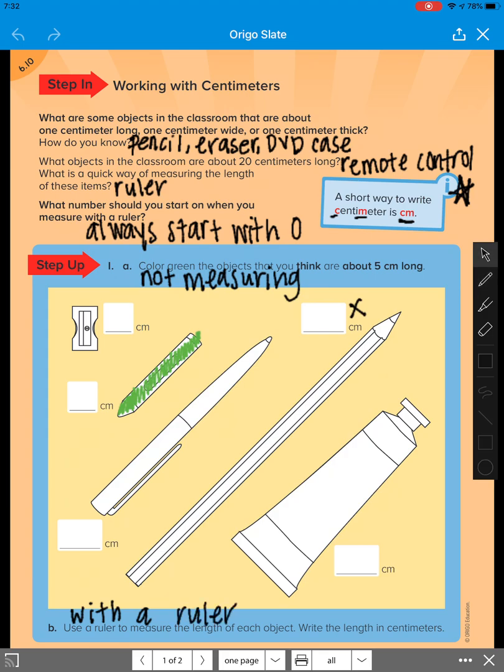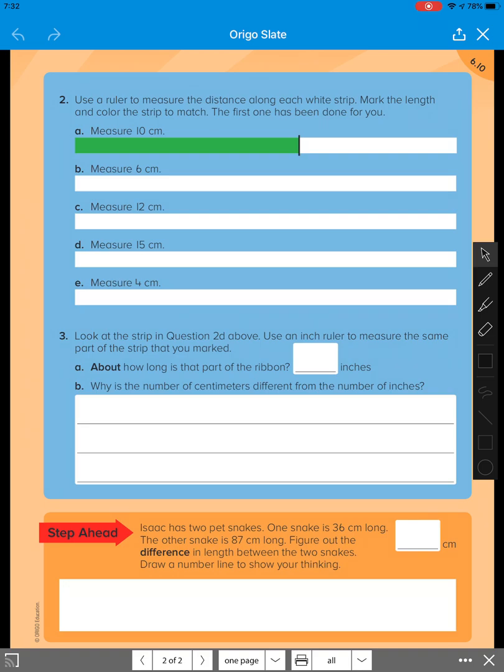So we're going to go ahead and go to the next page. It says use a ruler to measure the distance along each white strip. Mark the length and color the strip to match. The first one has been done for you. So then same thing. This is going to be with the ruler.